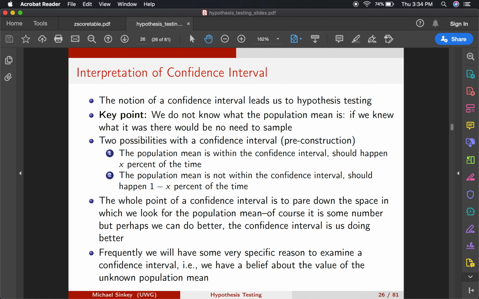And so the whole point of the interval is to pare down where I look for the population mean. Of course, the mean is some number, but maybe I can do better by being more precise about where to look. So it doesn't do us a lot of good to go to Chick-fil-A and say proudly to management, well, I know that families spend between $0 and $700 on dinner here. That's unhelpful.